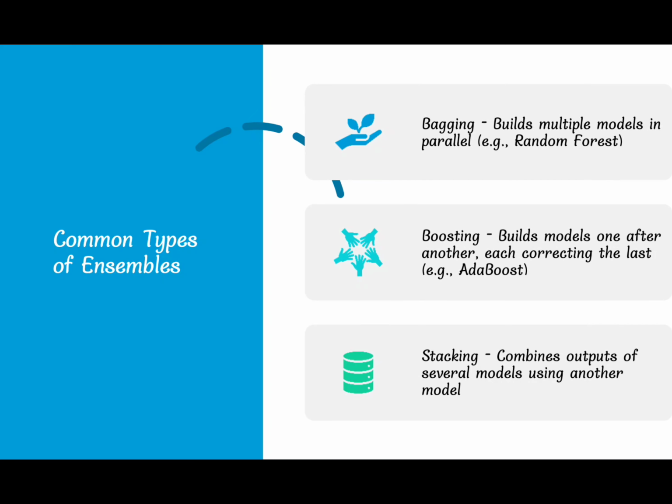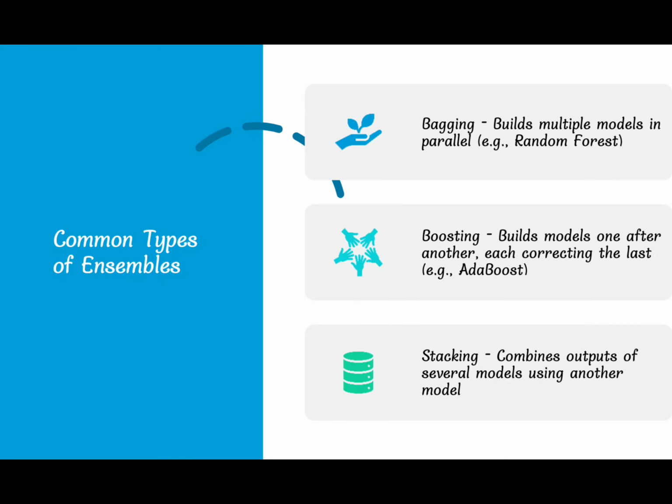Common types of ensemble. There are three main types of ensemble methods. The first is bagging. It builds several models in parallel using different subsets of the data. Random forest is a popular example of this. The second is boosting. Boosting builds models one after another.